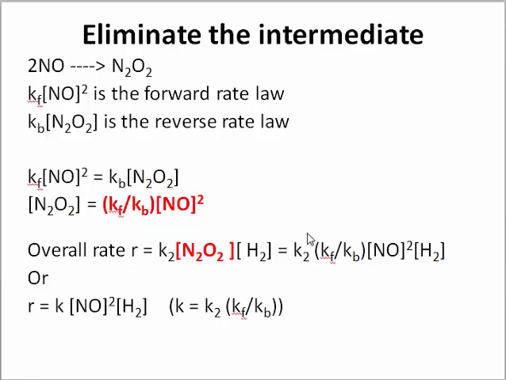That produces this expression for the overall rate as k2 times kf over kb, H2 concentration, and now the concentration of NO squared has appeared. The intermediate concentration has been replaced with an expression involving reactant concentrations.